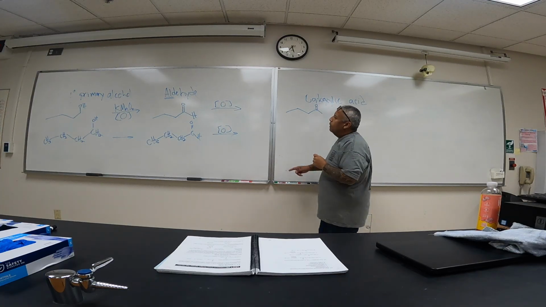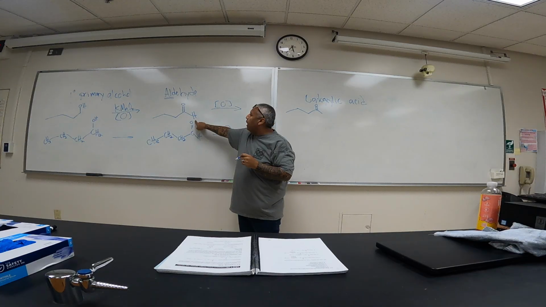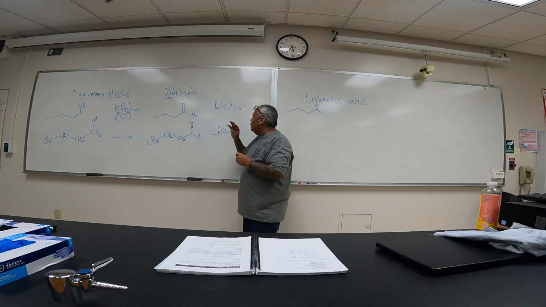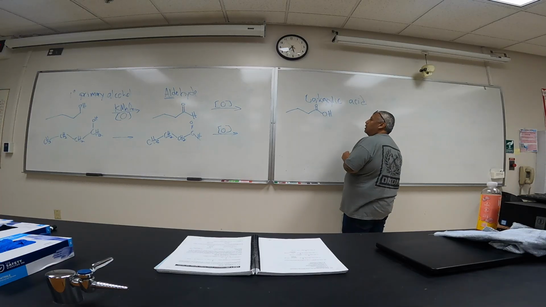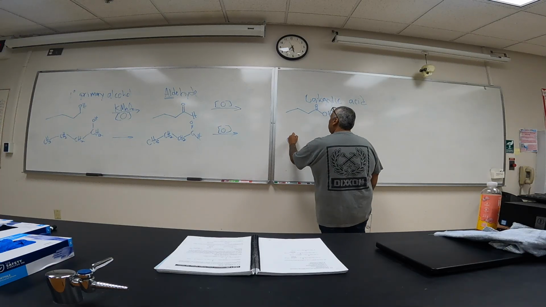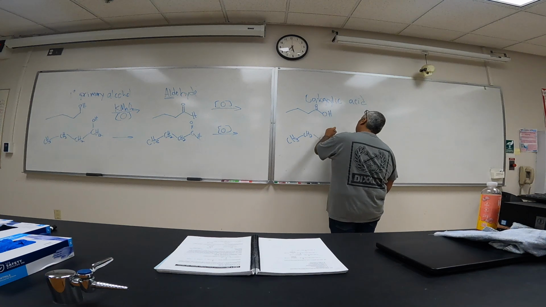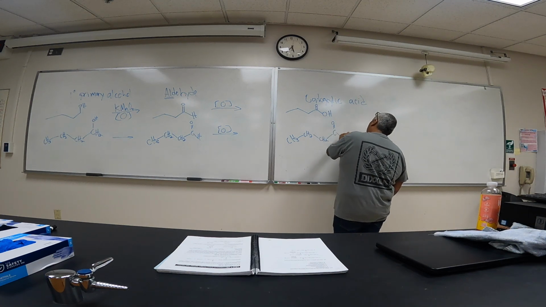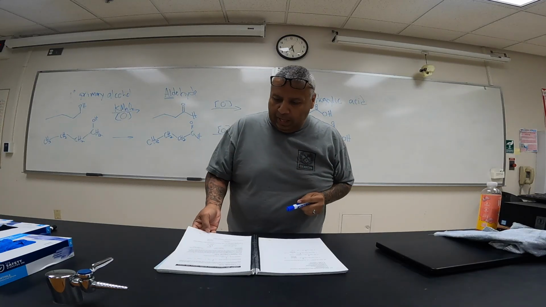So we oxidize it, and that means this last hydrogen on this carbon is going to be removed, and we replace it with this hydroxide group. So we get CH3, CH2, CH2, and this carboxylic acid.